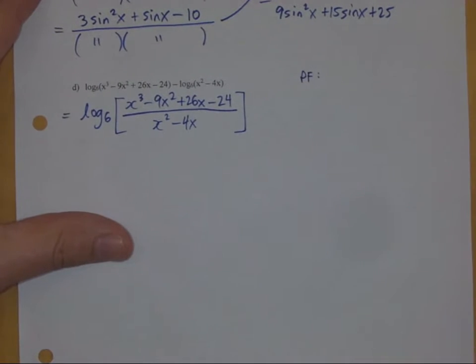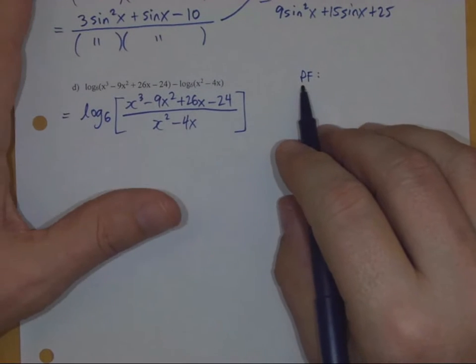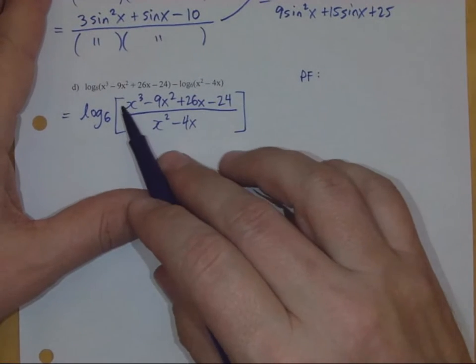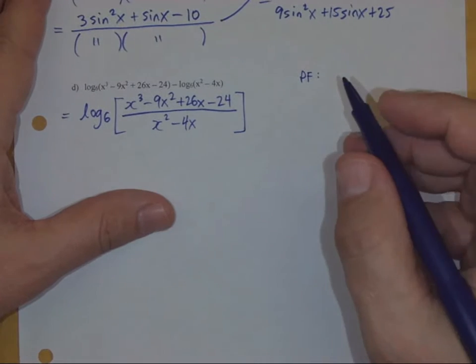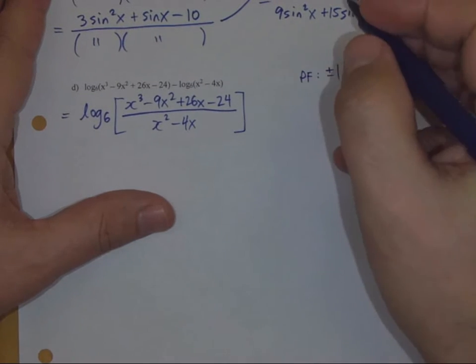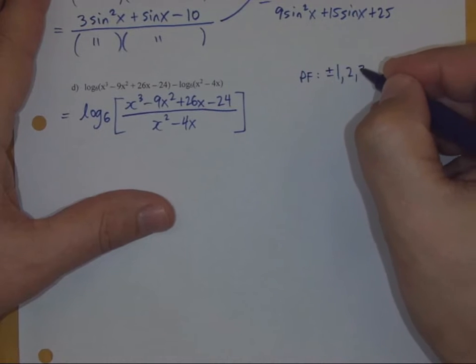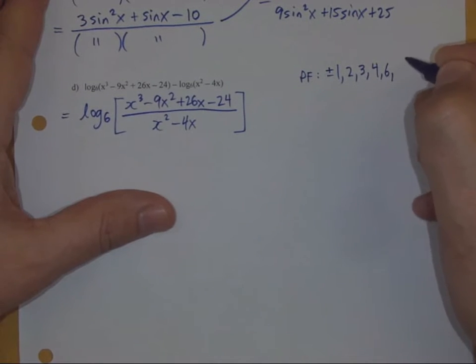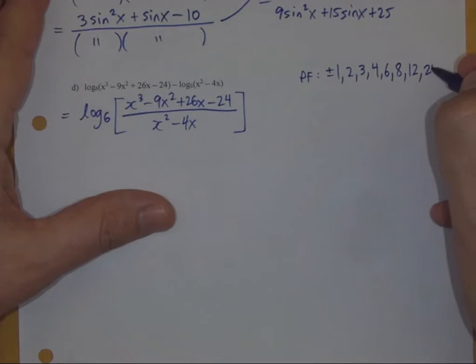And I realize that my possible factors for this, with a P of negative 24 and a Q of 1, are as follows: plus or minus either 1, 2, 3, 4, 6, 8, 12, or 24.